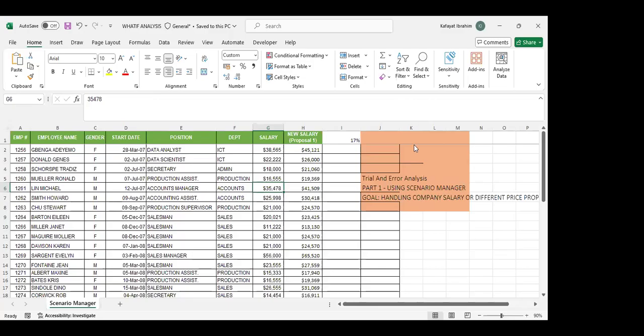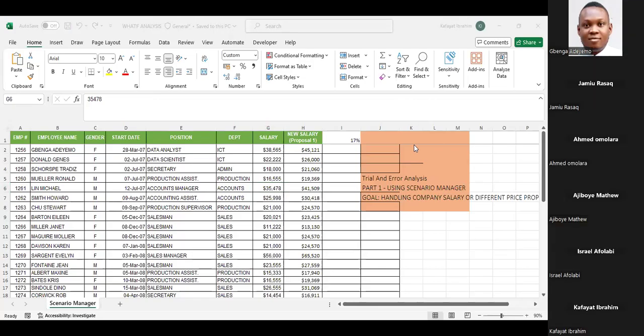Now, what we are doing today is called what-if analysis, Scenario Manager. So what does this mean? What is the essence of what we want to learn today? You might find yourself in a situation where you have to do some kind of presentation, maybe to stakeholders, managers, or your fellow colleagues.